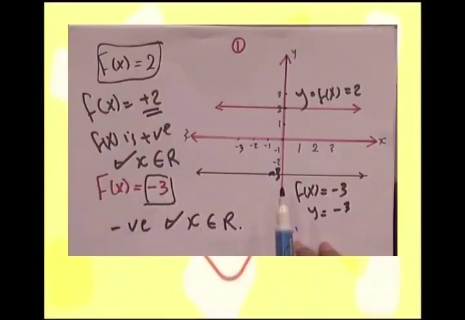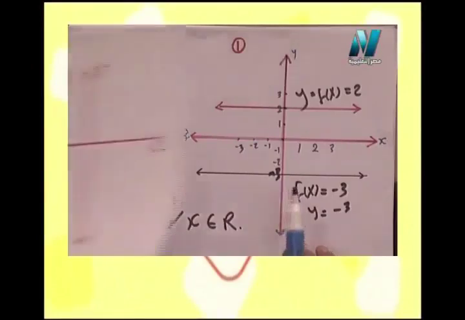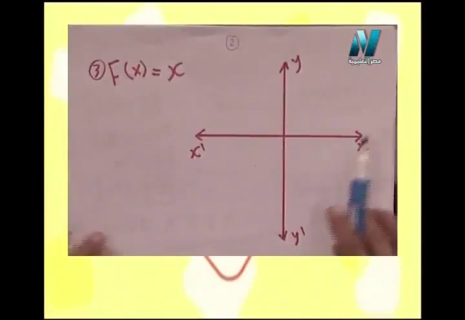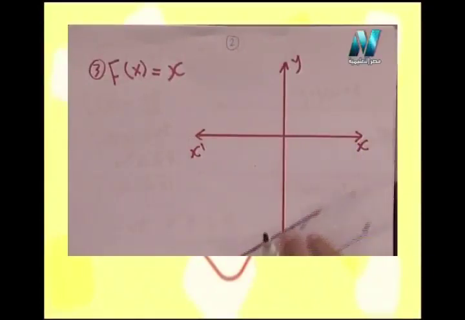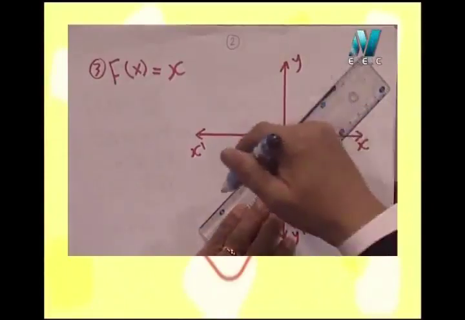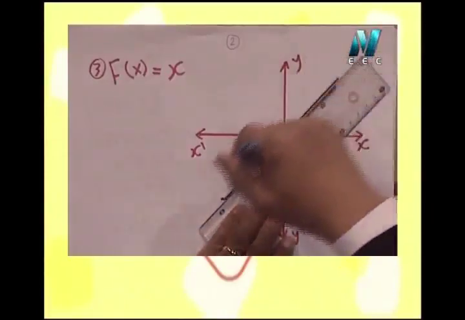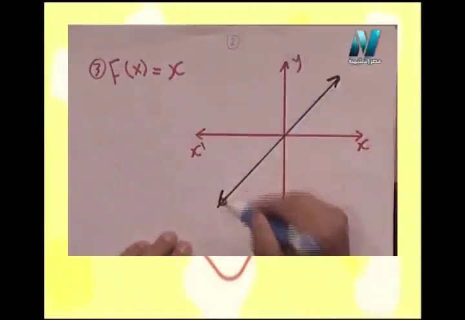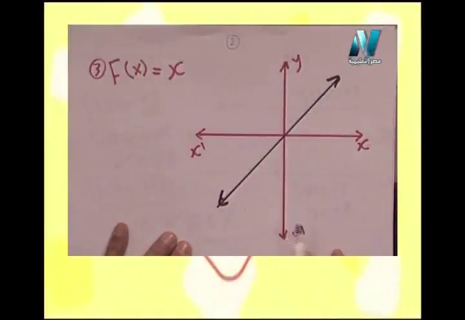Let's see another function here. If we have a function as f(x) equals x, if you would like to graph it, it will be like that. f(x) equals x here. Where is it positive?